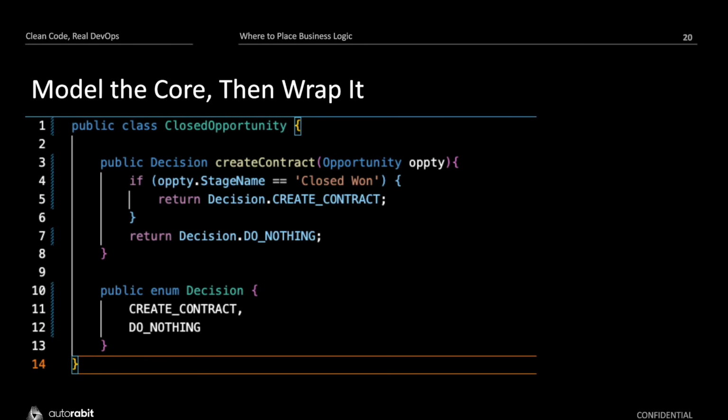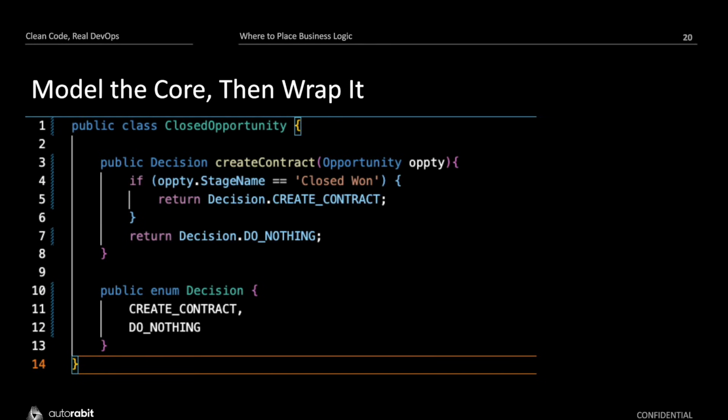And then you have infrastructure logic, which kind of wraps around it, which will do actual DML operations, retrying, logging, and all that. And so the idea here is that we should try to model business logic from the inside out, rather than starting to think about trigger context variables and trigger.new versus trigger.old and querying and all that.